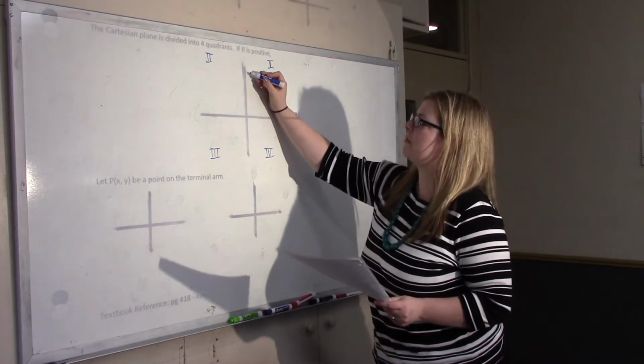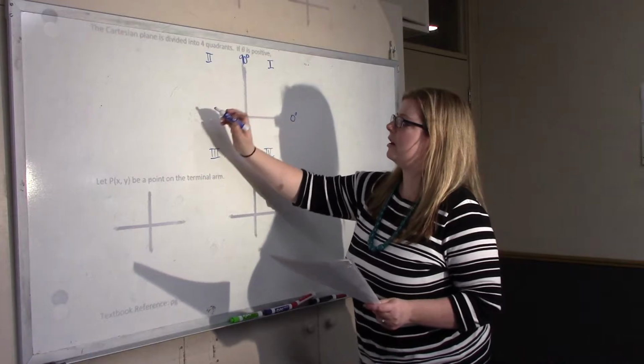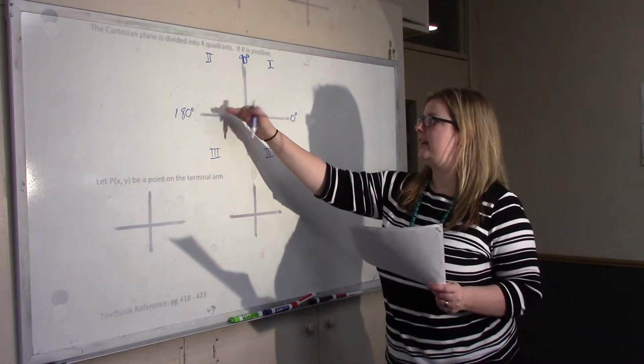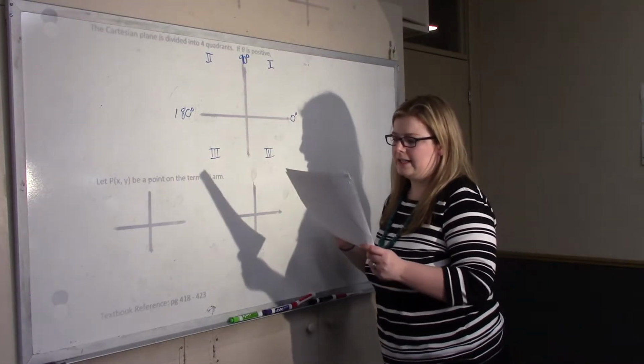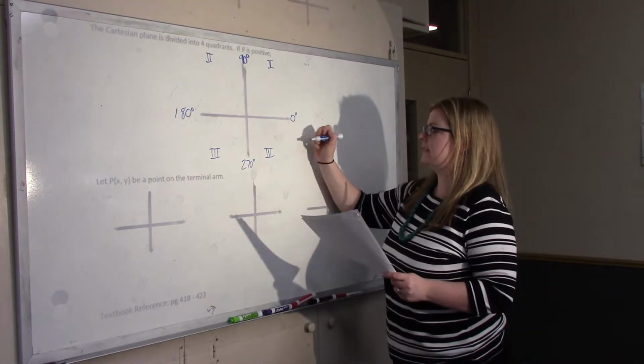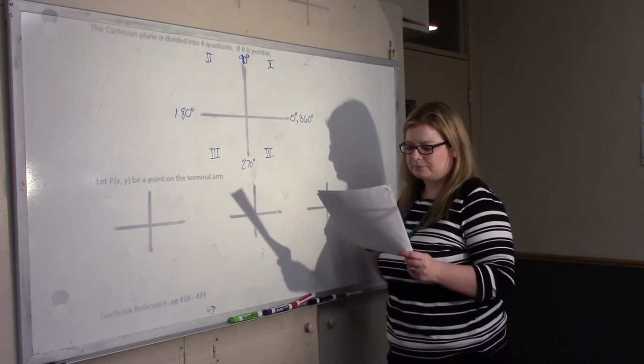Once your terminal arm is here, that's 90 degrees. If your terminal arm is here, that's 180 degrees, a straight line. Rotating another 90, this would be 270 degrees. Then back to the original, you would have gone a full 360 degrees around the circle.